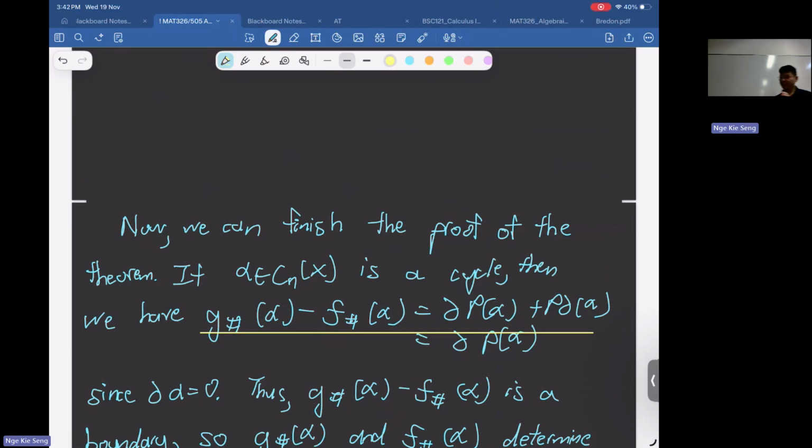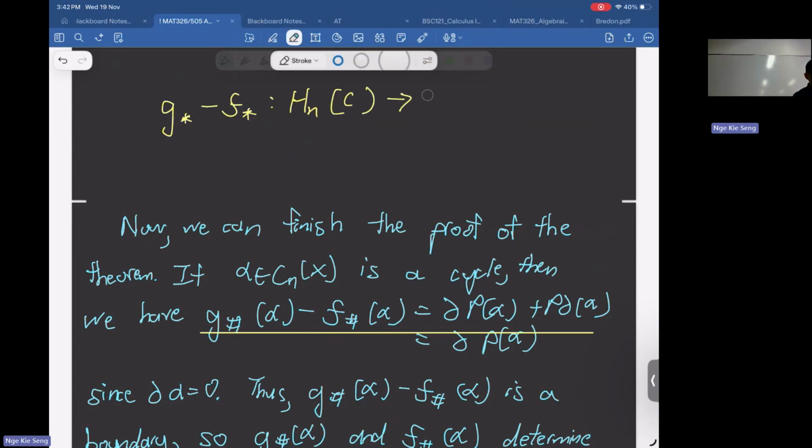Okay, so we can check on cycle what happens because you want to show that these two maps are the same, right? Minus, these two maps are the same. So what do you need to show? If you want to show that these two maps are the same, meaning what? F star minus G star has to be the 0 map. Okay, you need to show this. It is a 0 map.